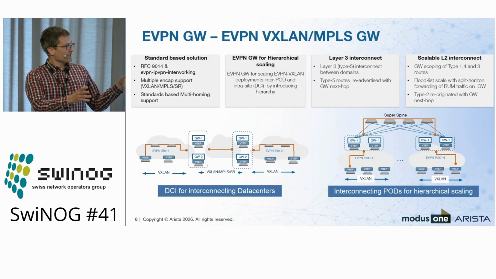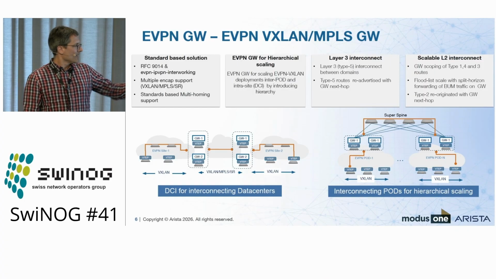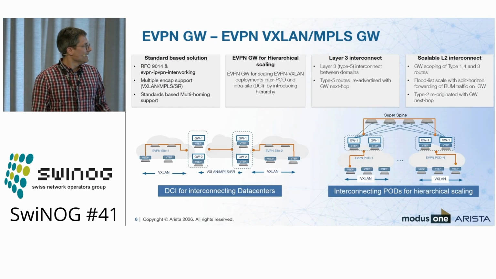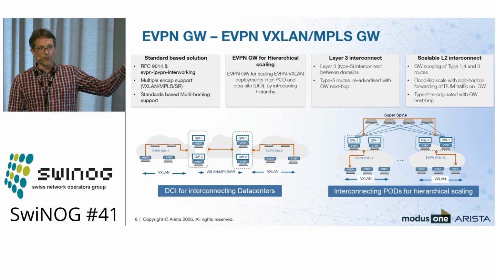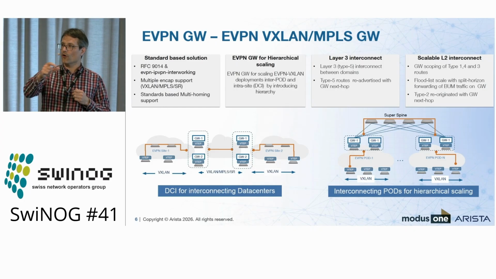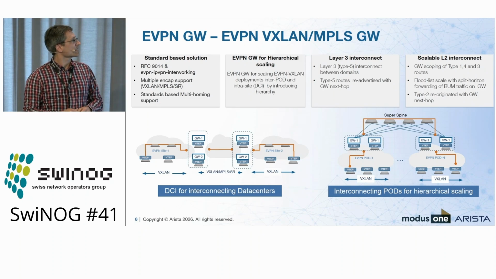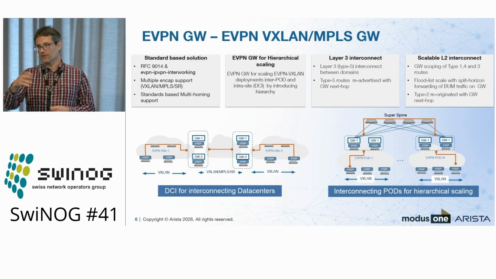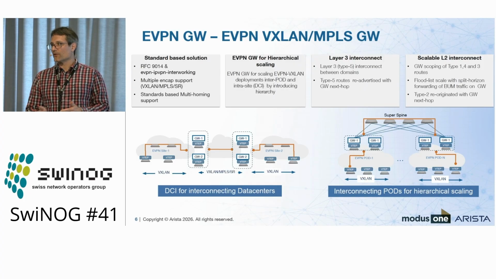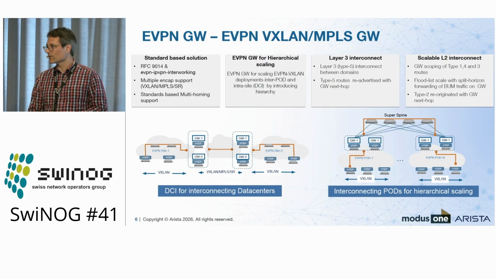So again, for these 2 challenges that we want to talk about, one, the DCI solution, so interconnecting 2 data centers. It's now our border leaves that also implement this gateway functionality and talk to the border leaves of the other data center. The transport in between can be just an IP transport, can also use VXLAN or MPLS, maybe in combination with segment routing.